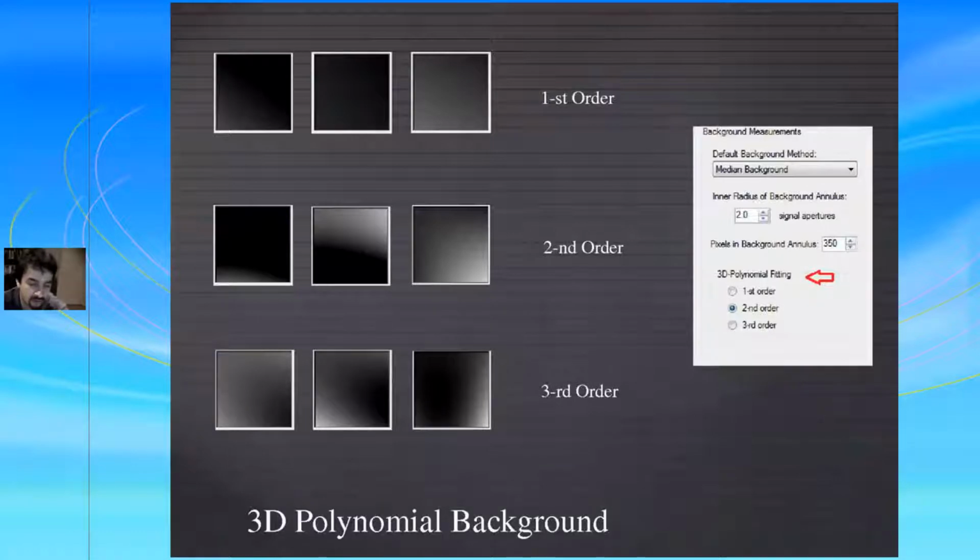And the other one was the 3D polynomial background modeling. The whole purpose of this was to try to model the glare from Jupiter when one of the satellites is really close to it. And in the settings, there's now this new option where the user can choose whether they want the first, second, or third order polynomial to be fitted, and you pretty much choose one of them.